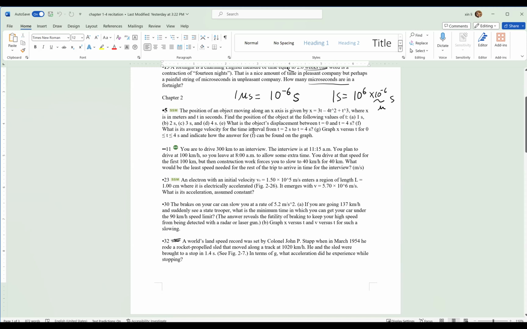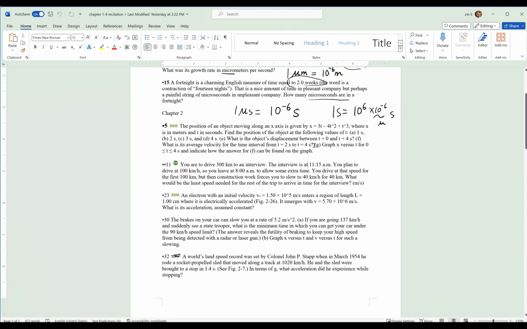You are going to calculate the average velocity. So try to use this here, find the displacement, and use displacement to calculate your average velocity, okay? You don't have to draw the graph to calculate your average velocity. So read the problem, and then you should be able to do it, okay?